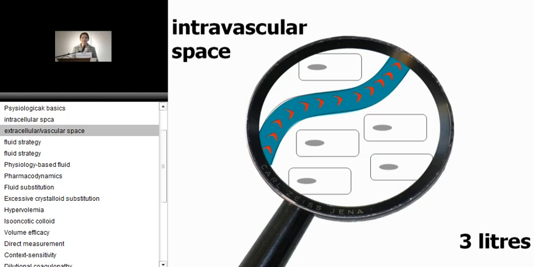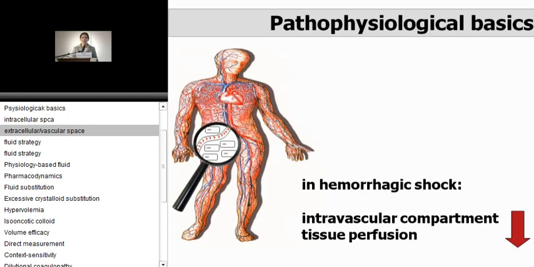And this is our target compartment, because there absolute hypovolemia in case of massive hemorrhage occurs. And this is, of course, our treatment target compartment. So in hemorrhagic shock, the intravascular compartment goes down, and consecutively tissue perfusion goes down.